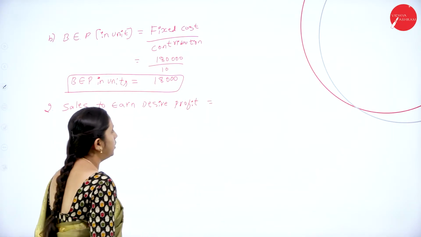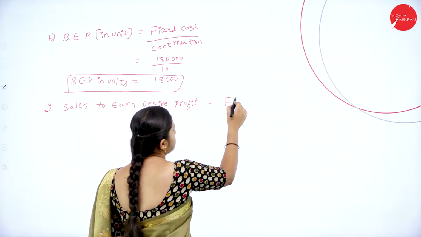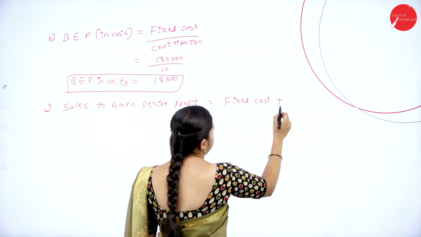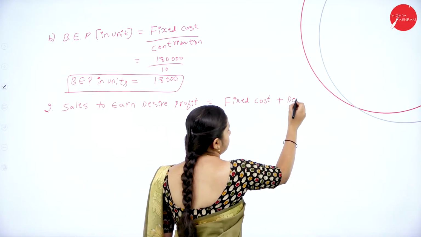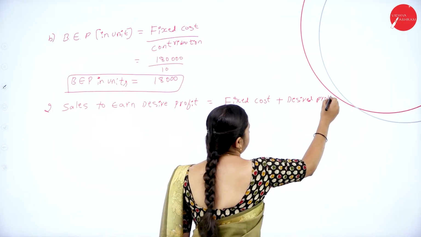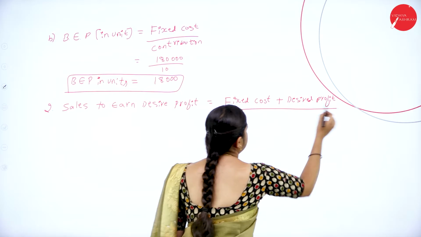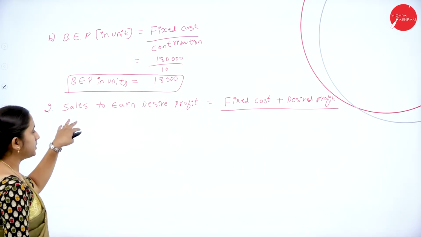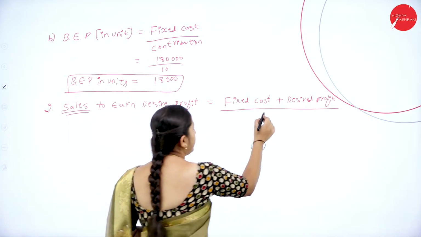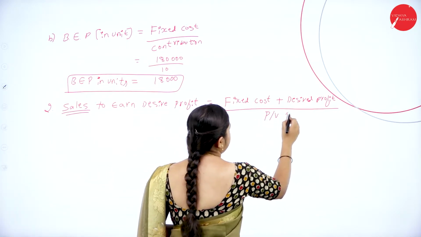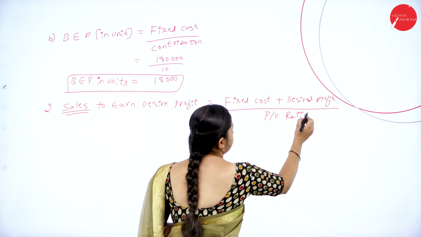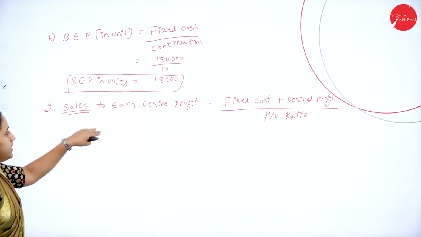For this, the formula is fixed cost plus desired profit divided by PV ratio, if we are calculating sales in rupees.